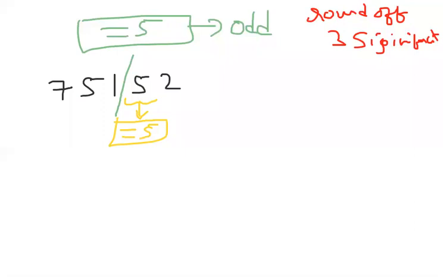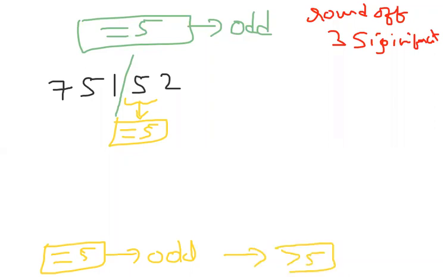Then what should we do here? This is the odd case. Equal to 5 in the odd case is comparable with the greater than 5 rule, so we have to apply the greater than 5 rule here. For the number equal to 5, observe the immediate before number.